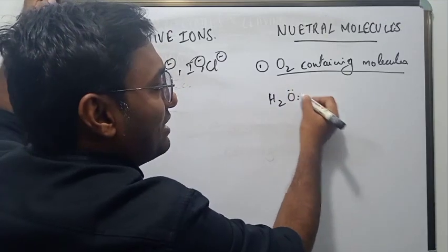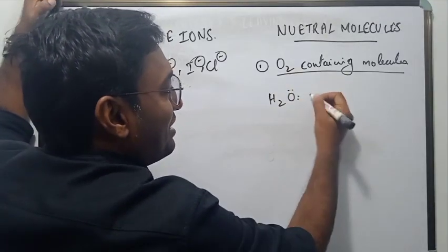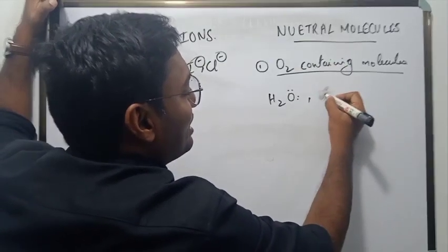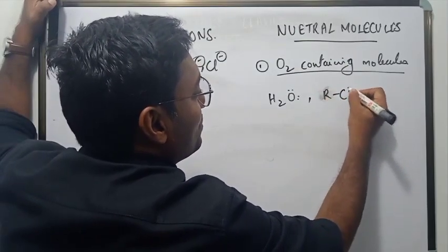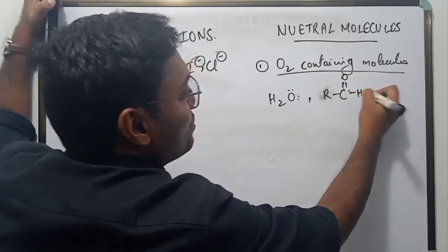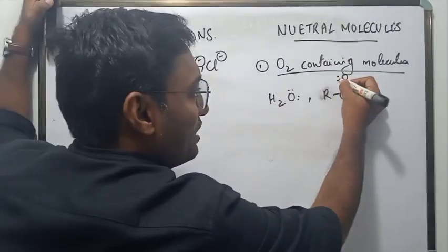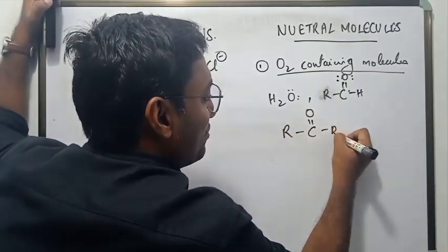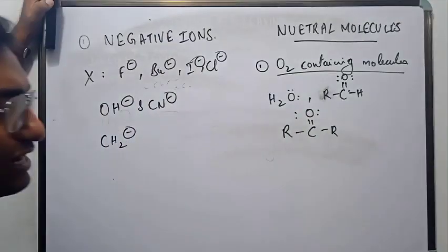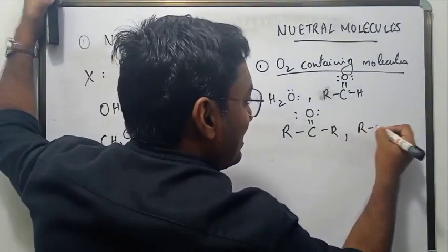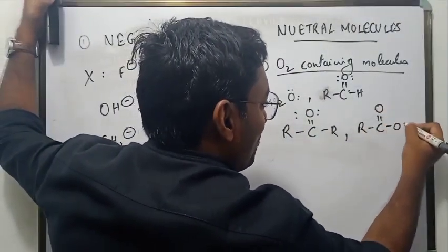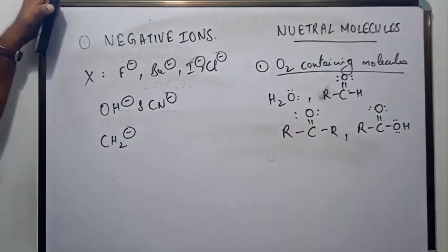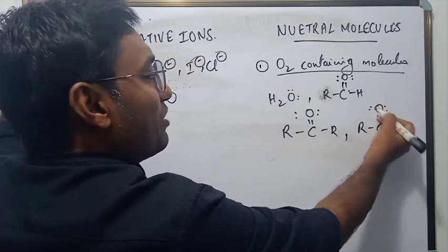right? They can donate a pair of electrons. They are neutral, like, sorry, we are talking about oxygen, right? RCHO, aldehyde, right? They can donate the lone pair of electrons. What about RC double bond OR, ketone? They can donate a pair of electrons. What about acid, RC double bond OH? Yes, they are all nucleophiles because they have a pair of electrons.